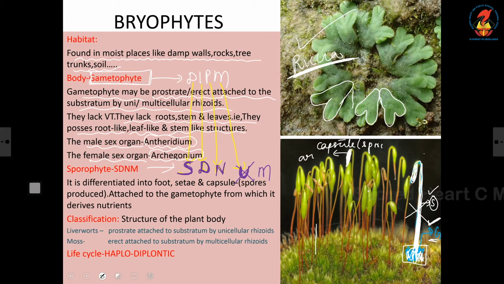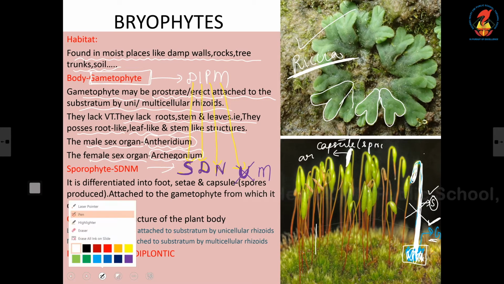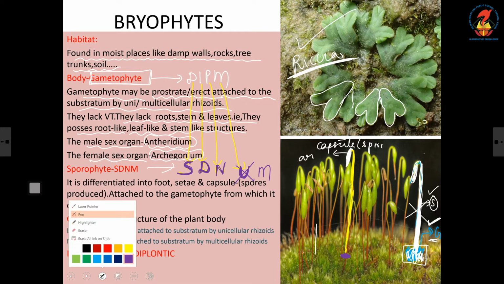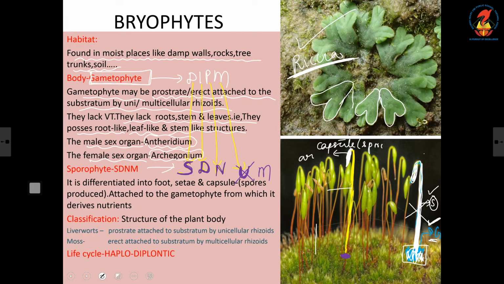Then the capsule leads to the seta, the stalk-like structure, which I am going to indicate in yellow, a long stalk. And then it is anchored into the gametophyte with the help of a foot, which I am coloring violet. So there are three parts. Once again reiterating the parts: capsule, seta and foot.